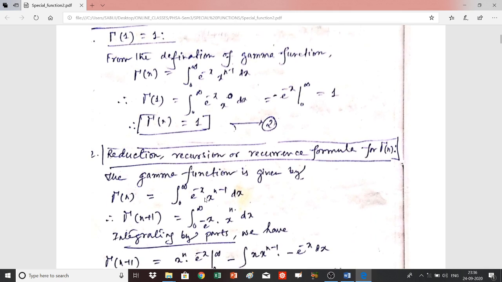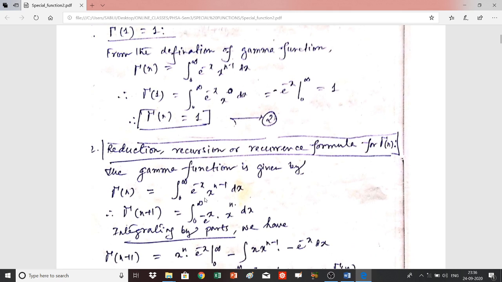Now come to another property, which is called the reduction, recursion, or recurrence formula for gamma n. We start this section from the definition of gamma function, that is gamma n is equal to integral 0 to infinity e to the power minus x, x to the power n minus 1 dx.